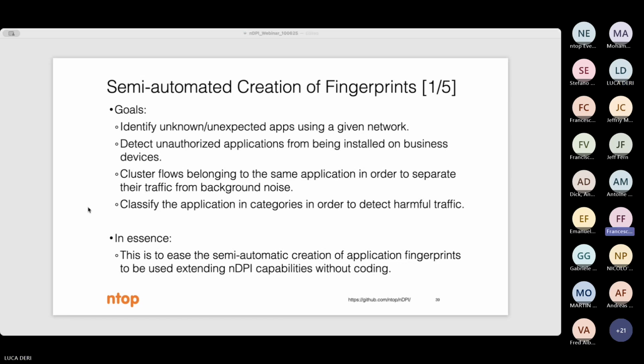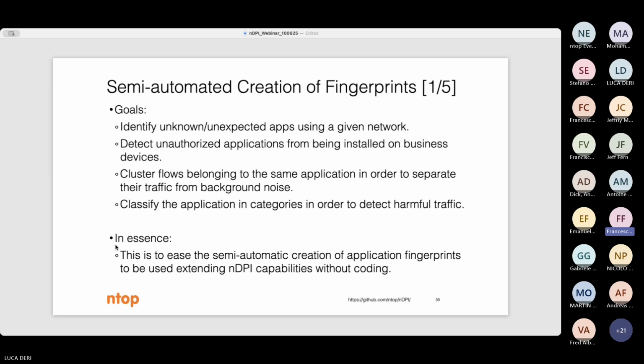Hi. I will talk about this way of generating some fingerprints in a semi-automatic way. This is still a work in progress, but the main goals are, given a network, for example, to check which apps are running on the devices connected to the network, and to check if there are unexpected or unknown apps, to check if there are apps installed on some business devices that have no authorization to be installed.